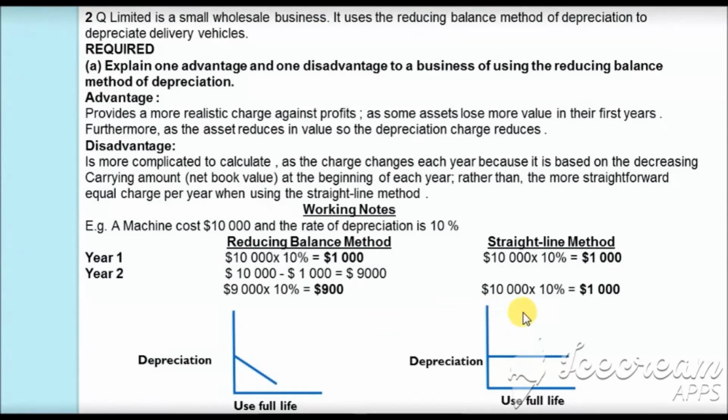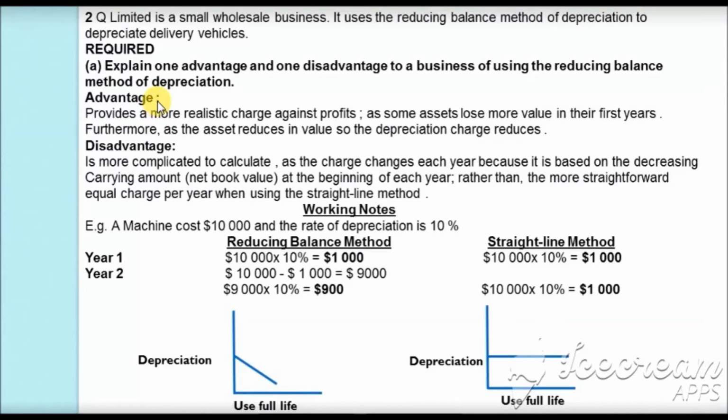In the straight line method, as the depreciation remains the same, when we draw this on the graph, we get a straight line parallel to the x-axis. This is called the straight line method of depreciation, or sometimes the fixed installment method of depreciation. So these are the two most commonly used methods of depreciation.